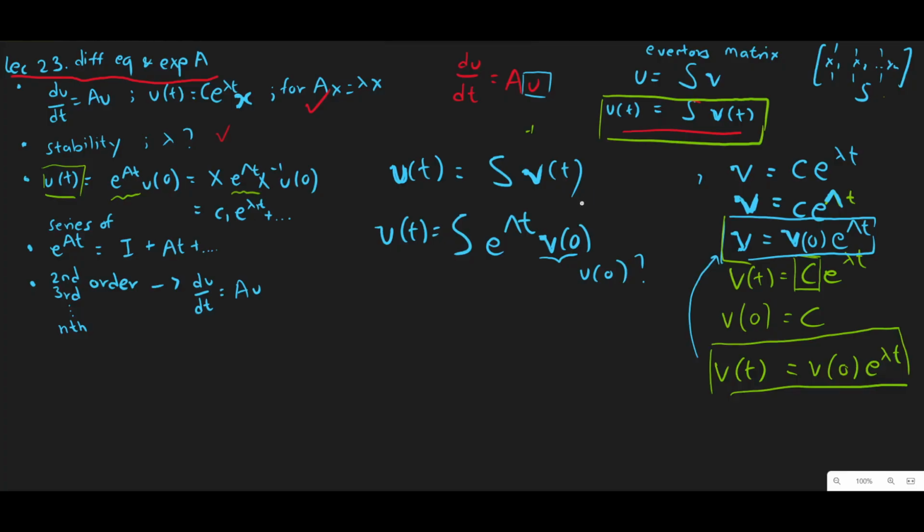If we have ut equal to s times vt, then we can also plug in t equal to 0. So let me bring that down here, and let's write it down. So u of 0 is the s, the eigenvectors in the column, times the v0. And we can say the v0 is the s inverse of u0, right?